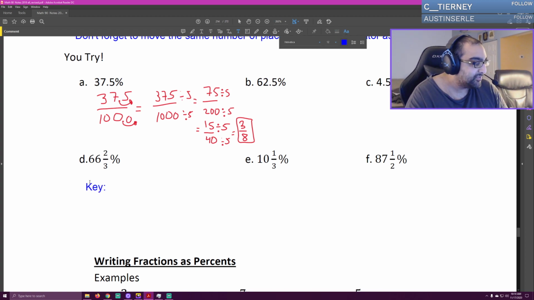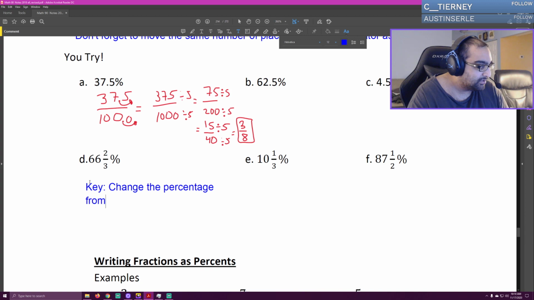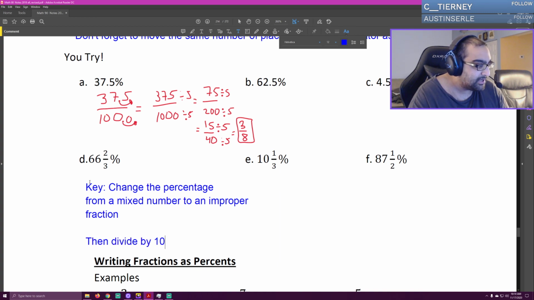The key here is to change the percentage from a mixed number to an improper fraction, then divide by 100 and reduce if necessary.